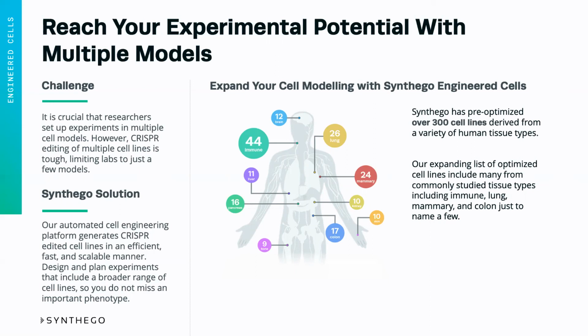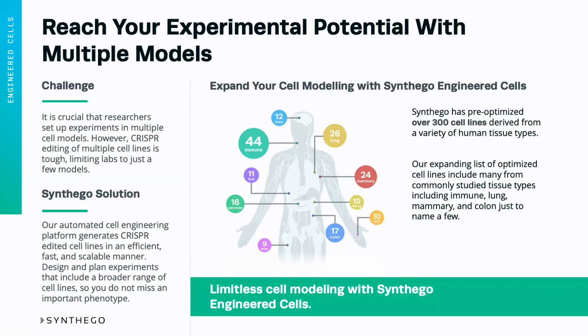So you can see we have a wide range of different tissue types that are encompassed, which obviously can help expand your work to different models and to different tissue types, or the same cell line within multiple tissue types for your single experiment. So this really allows you to get limitless cell modeling with our engineered cells services and really reduce your experimental tunnel vision to see much broader and find those insights that we're missing.